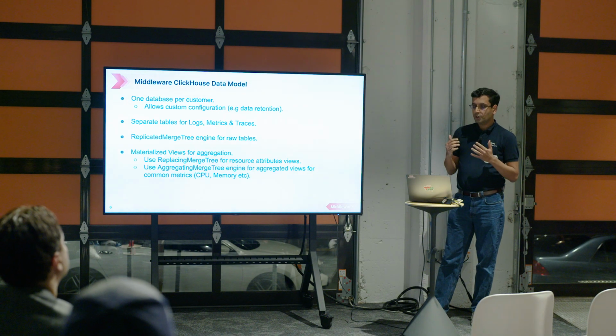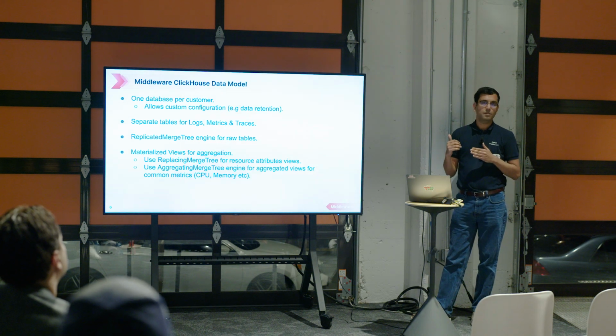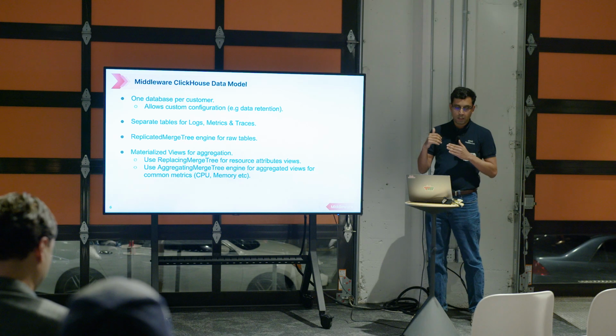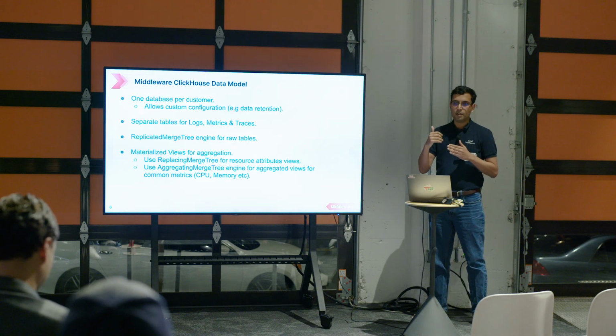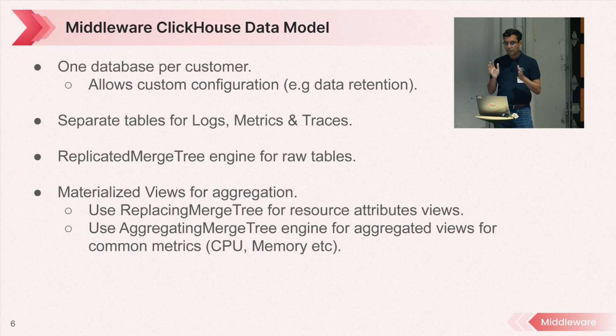Coming to how we store data: we have one database per customer, and we hash the customer so that they end up in one of those 4 shards. One database per customer also allows us to configure custom settings per customer.